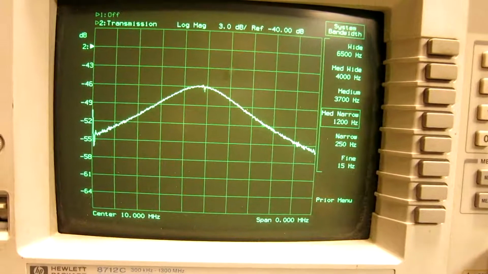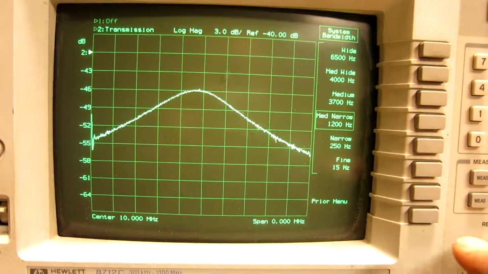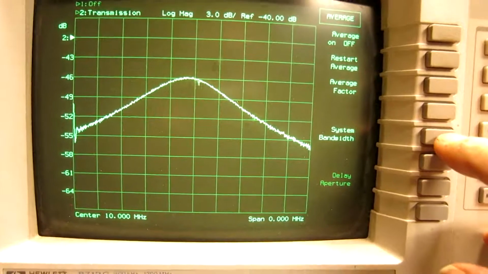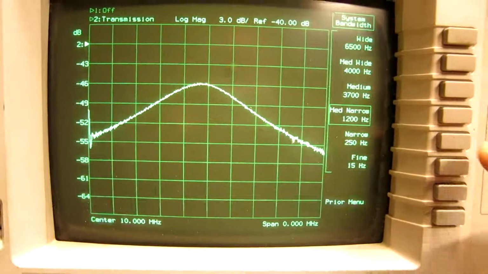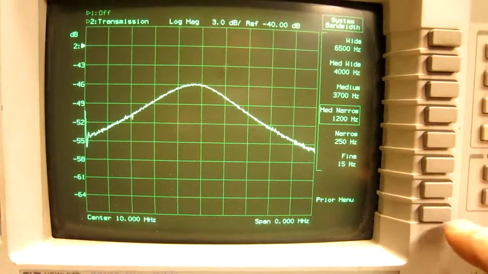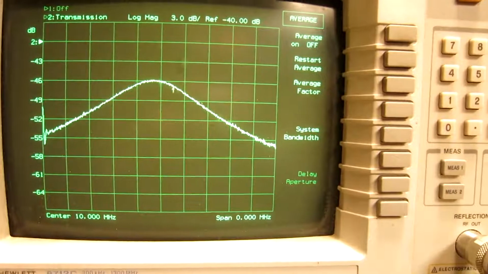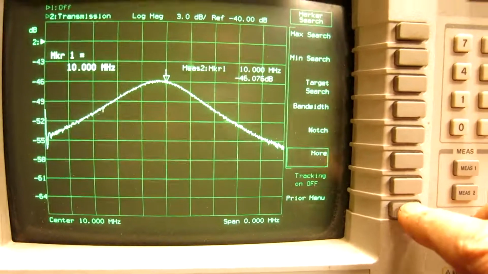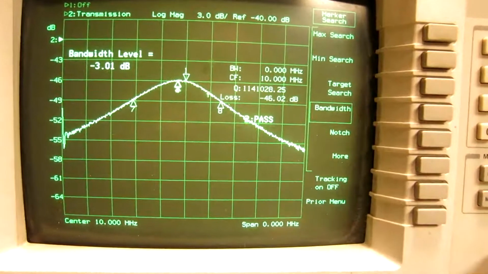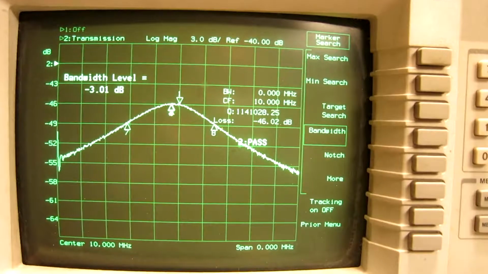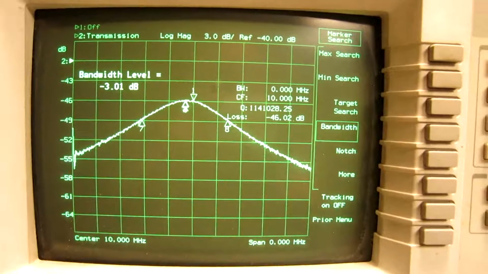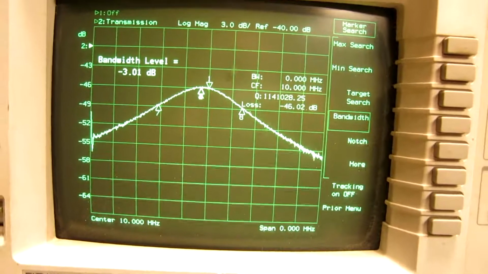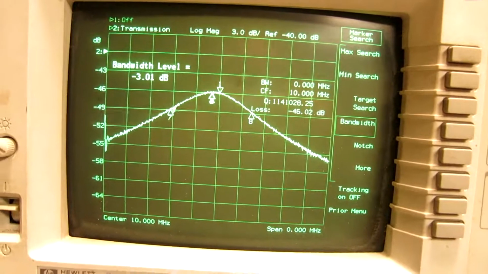But now the curve is still enough so I can look for the bandwidth: marker and marker, search and bandwidth. And now Q is 1,141,000.